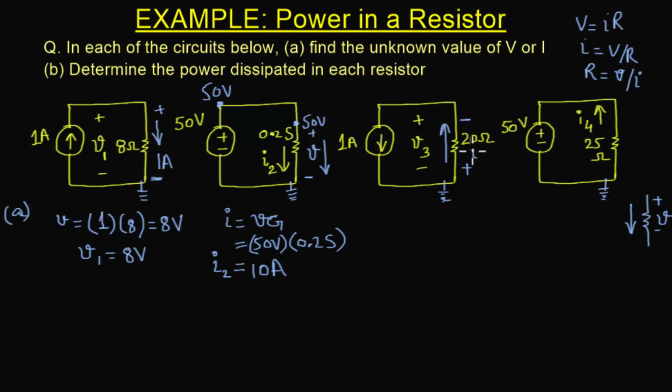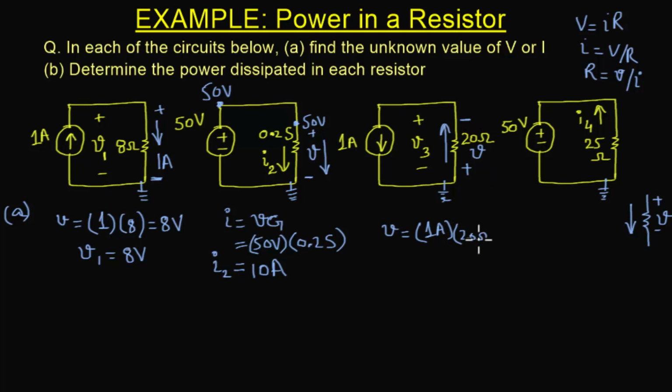Now, what is this voltage? This voltage equals the current times the resistance. Now, what is this current? Well, this 1 ampere is the same current which is flowing through this resistor. So 1 ampere times the resistance, which is 20 ohms.